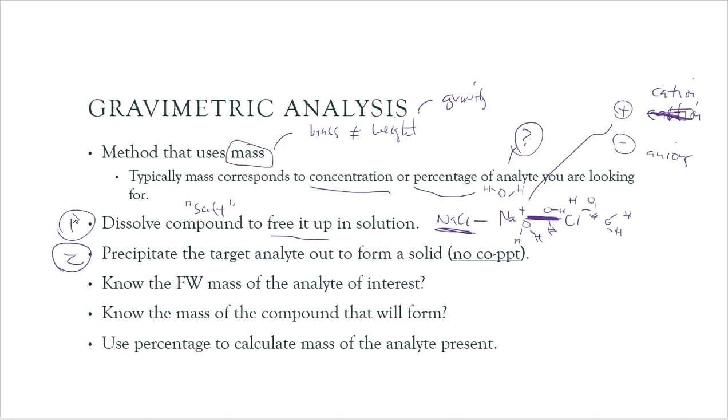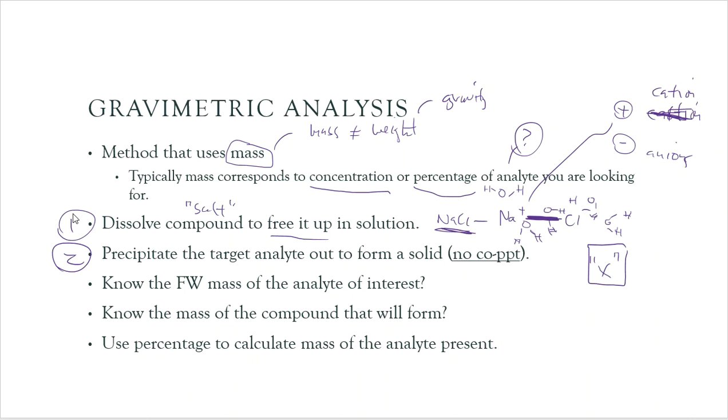But we can take advantage of this situation. So what we can do is if I bring in some type of reagent, I'm just going to call it reagent X, like Weapon X from X-Men. I'm going to bring in this reagent, and this reagent's going to look at the target. I'm specifically picking that reagent because I want it to react with something that I'm interested in. And what I want it to react with is maybe the sodium. I could pick something that reacts with the chloride as well.